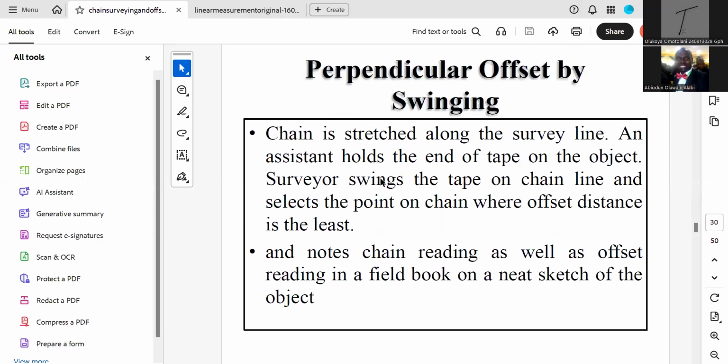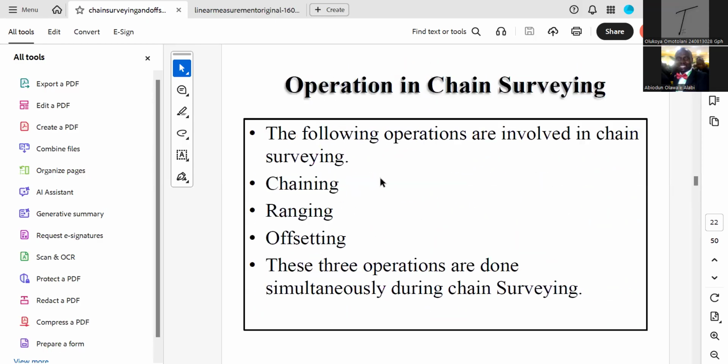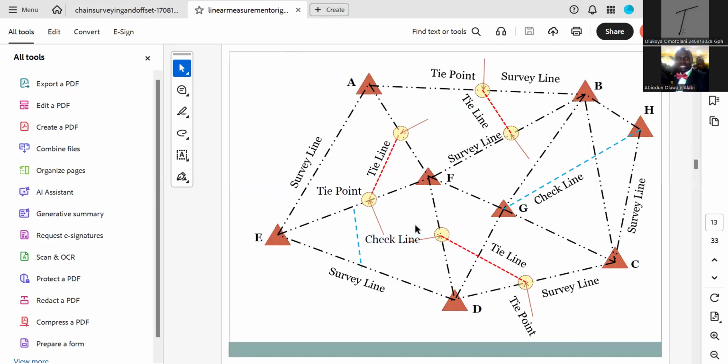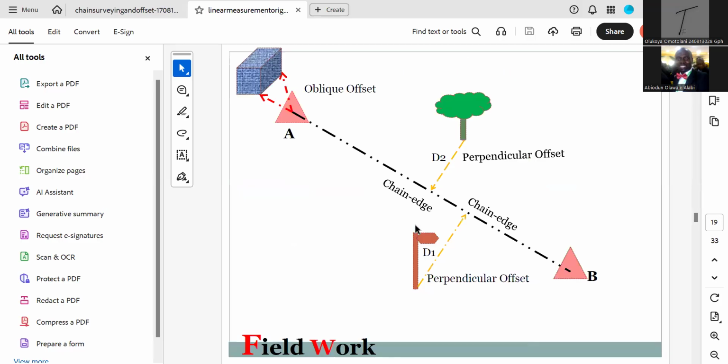Although there are different types of offsetting, I just want to show you what we are talking about. Can you see? Look at this now. This is a typical example. This is a chain main survey line, A and B. Along the line, this is a perpendicular offset, and this is a tree.